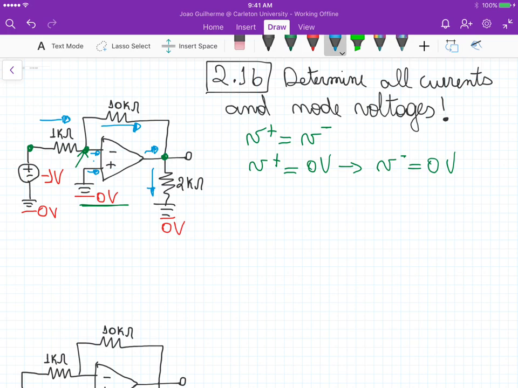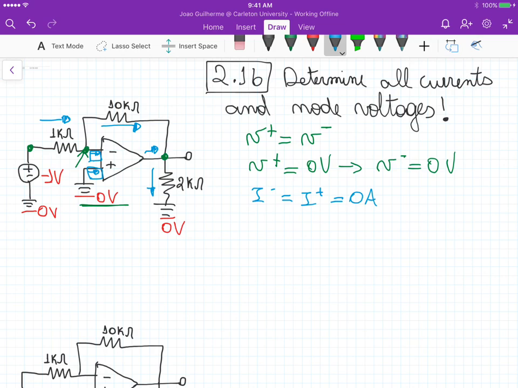Another thing is that for the ideal op amp, we know that I minus is equal to I plus is equal to 0 amperes. So this current here and this current here are 0, so there's no current flowing into or out of the inverting and non-inverting inputs because of the infinite input resistance.